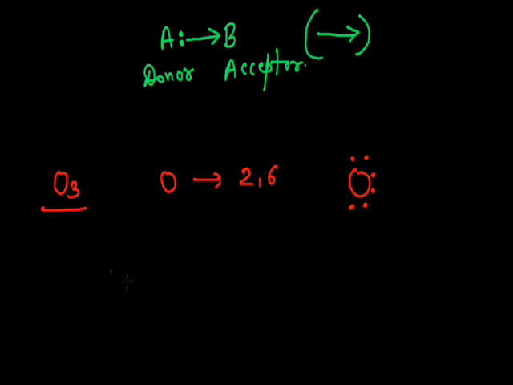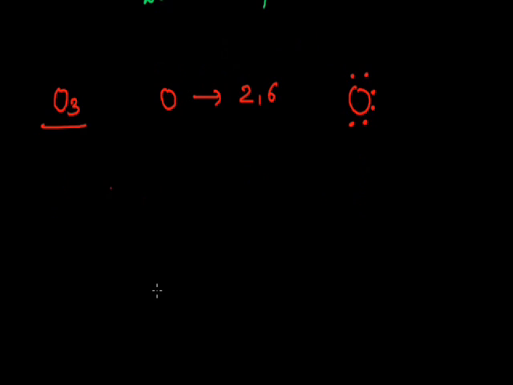Now the formation of O2 we have already seen during the covalent bond formation. Let us have a look at that once again. Oxygen, one of the atoms is combining with a second atom of oxygen, leading to the formation of two covalent bonds and hence completing their octet. But if one more oxygen is present in the surrounding, the oxygen molecule can combine with it to lead to the formation of an ozone molecule.